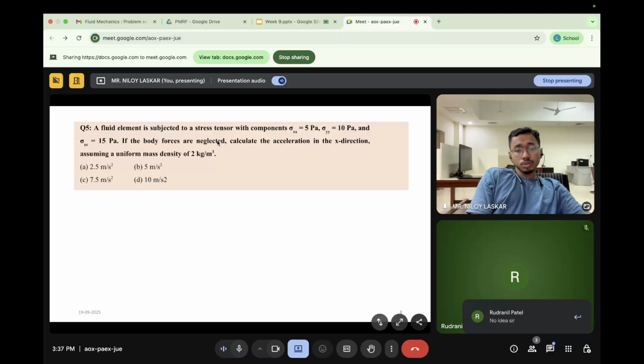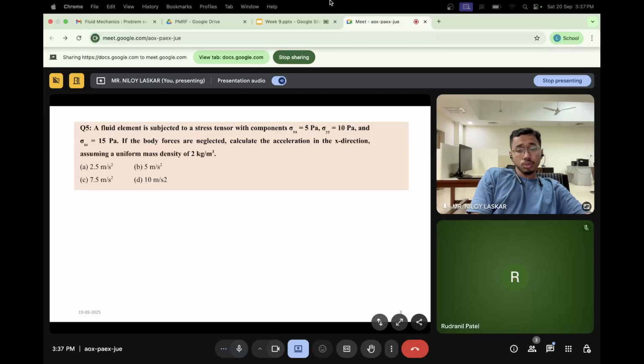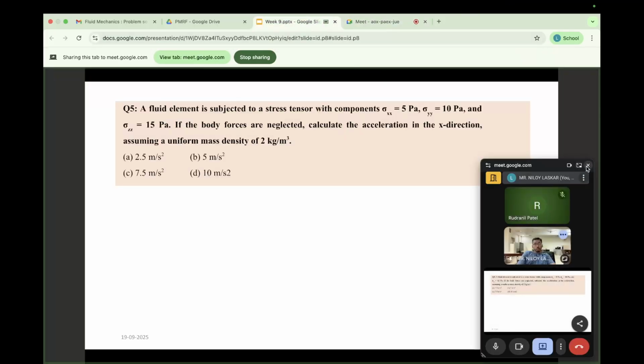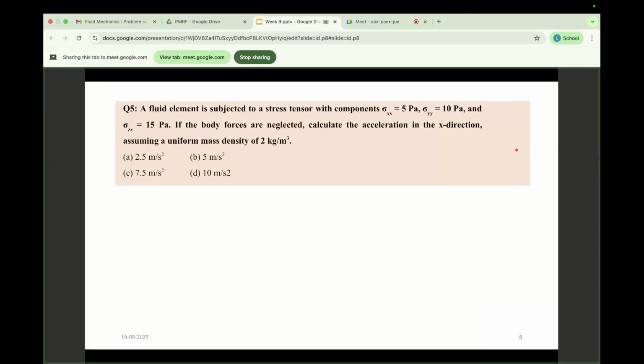Okay, so no issue, Rudranit. I will explain the detail for you here. Let us go through this concept. For this concept, you need to know the fundamental of the momentum equation. Sorry, not the continuity equation, the momentum equation.